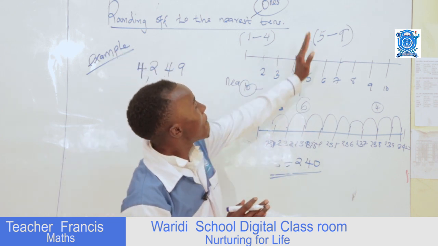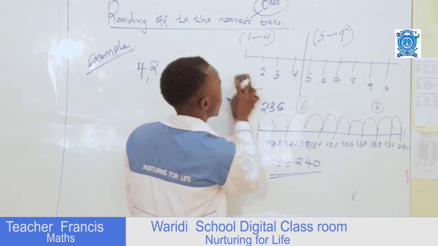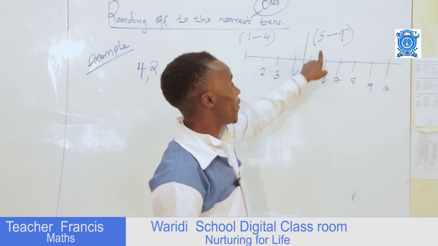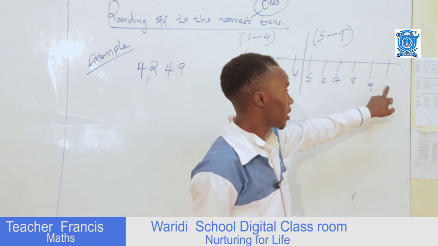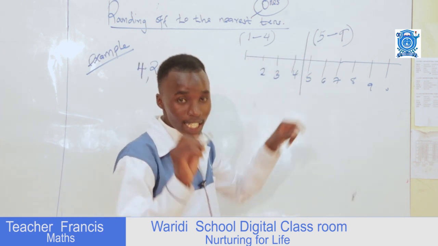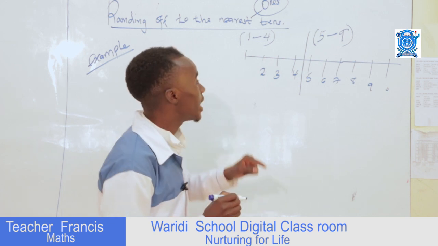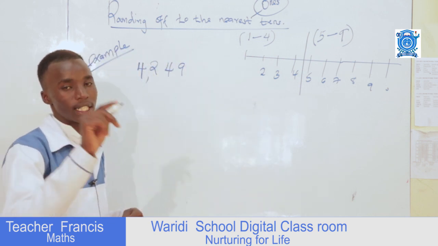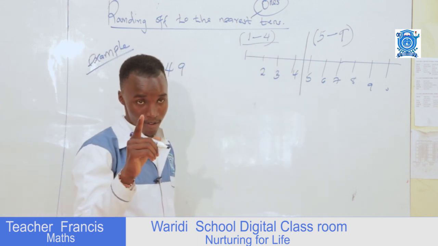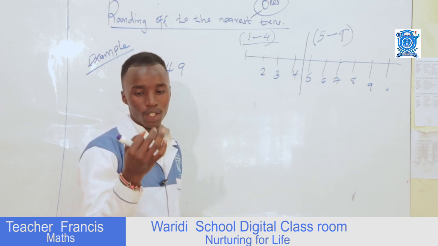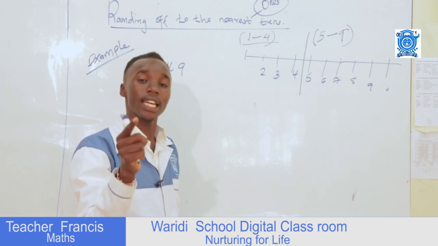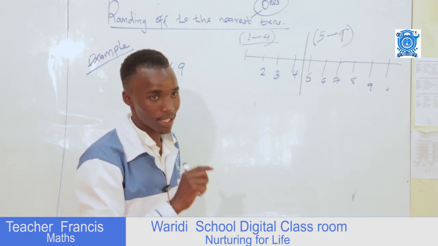If that number is 5, 6, 7, 8, or 9, that means it changes to 0 and adds 1 to the tens place value. But if the number is less than 5, that is 4, 3, 2, 1, it changes to a 0, but there is no effect. It adds nothing to the number in the tens place value.